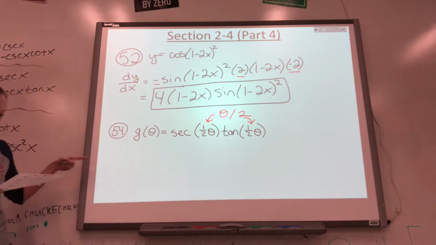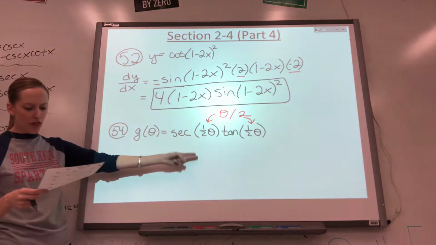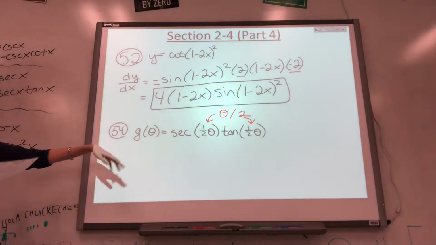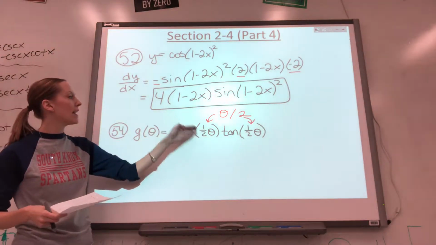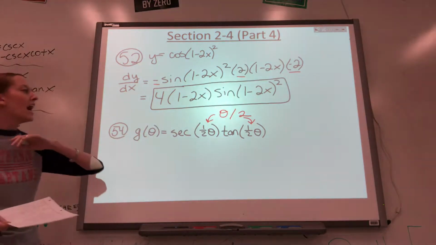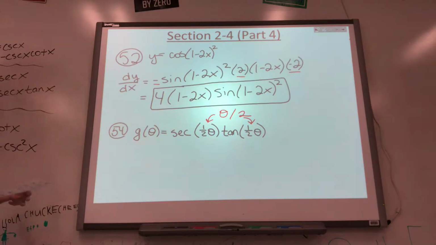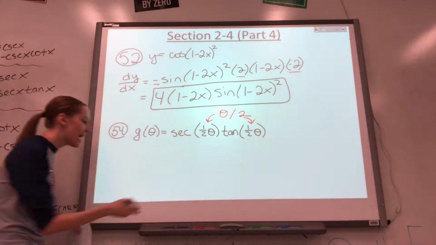Now, I'm jumping here to number 54. And I think in the book they gave it to you as secant of 1/2 theta, tangent of 1/2 theta. You can think of that as theta over 2 if you like that better. It really doesn't matter though.